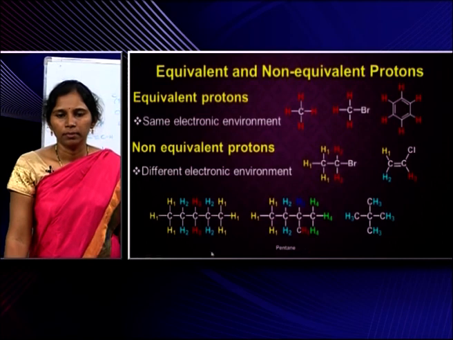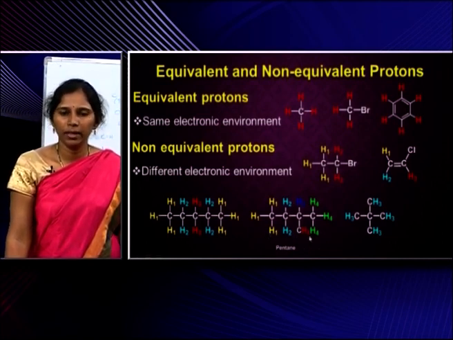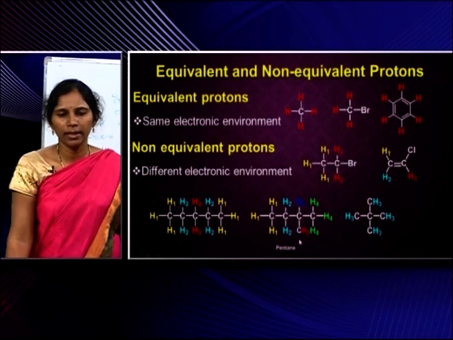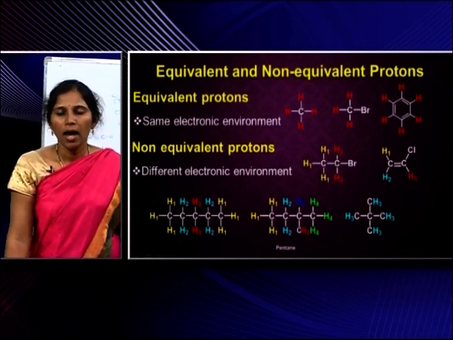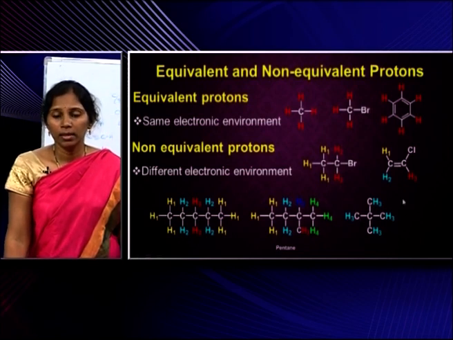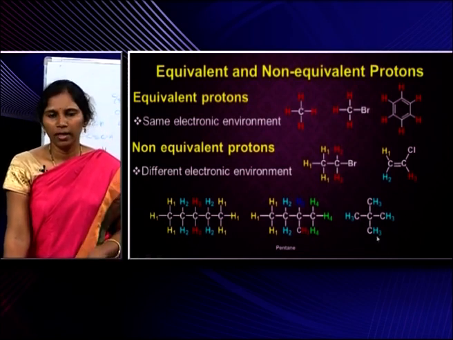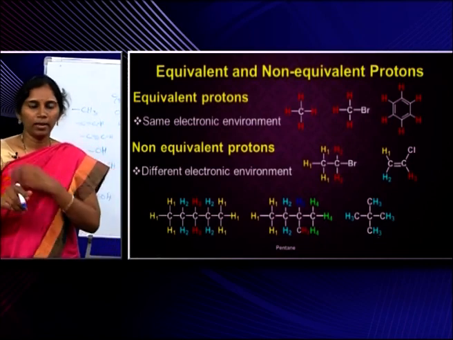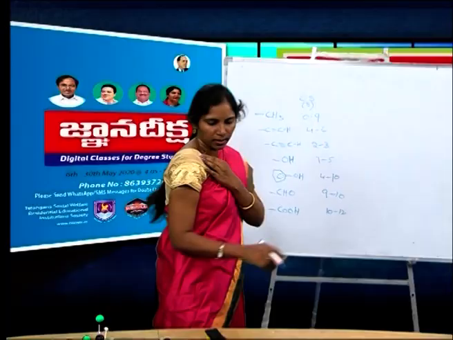Look at the structure, you will find the difference between the hydrogen atoms present in different chemical environments. And if you take neopentane, the 4 methyl groups are the same, producing a single signal, and these are chemically equivalent protons.